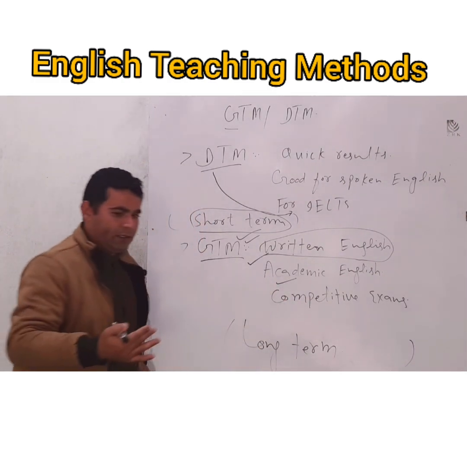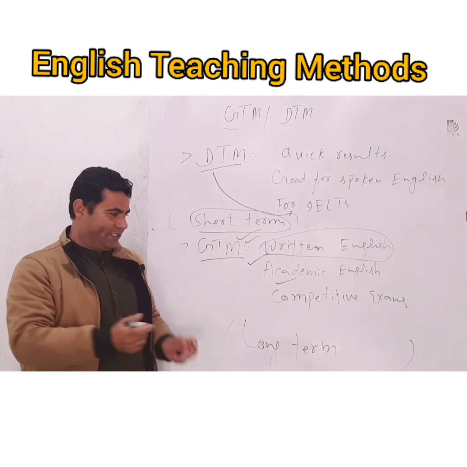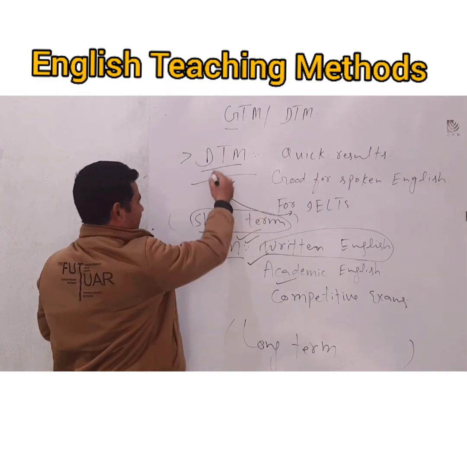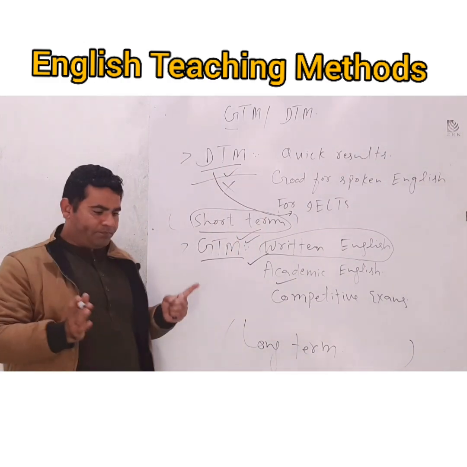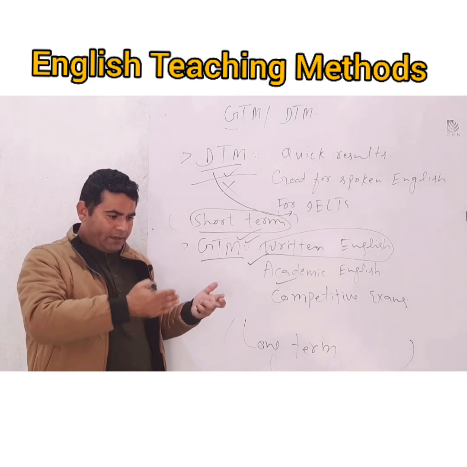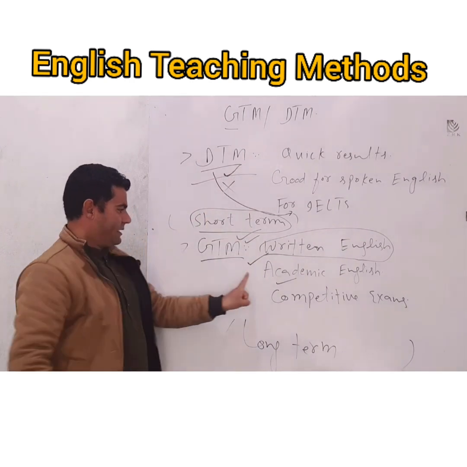For example, a person wants to appear in CSS, PMS, in these kinds of exams, so he has to follow the GTM rule. GTM can be very useful in written tests.